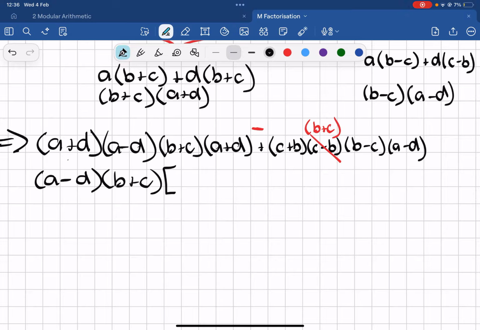And then the first term is a plus d squared plus, taking out b plus c.